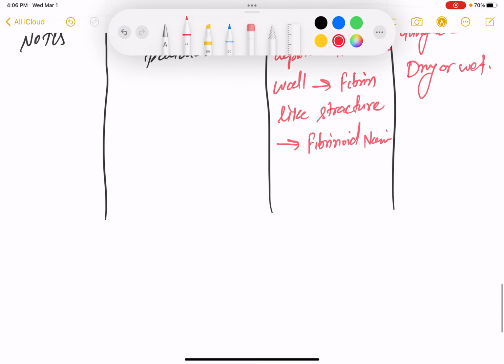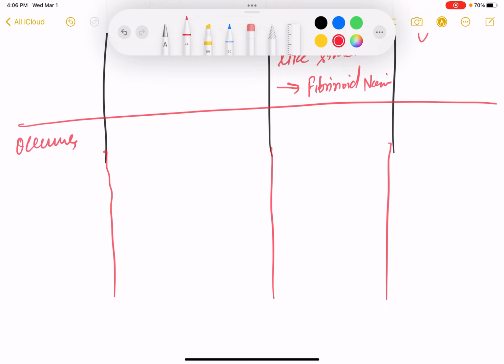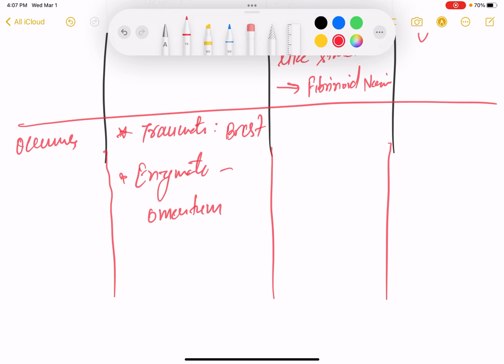Now occurrence, where this necrosis occurs. Fat necrosis is traumatic in the breast, and enzymatic in the omentum, pancreas, and mesentery.